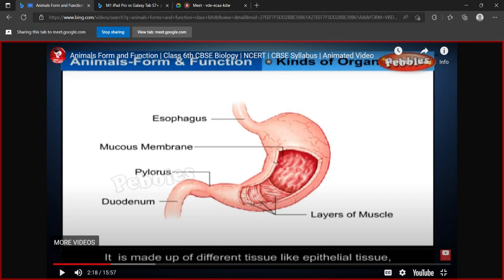So to protect the stomach from the harm caused by eating this kind of food, we have this mucous membrane. Now inside the stomach, various enzymes and secretions are released, and those secretions and enzymes will help the food to be digested. Are we clear about this? Yes or no? Yeah. Okay. Yes.